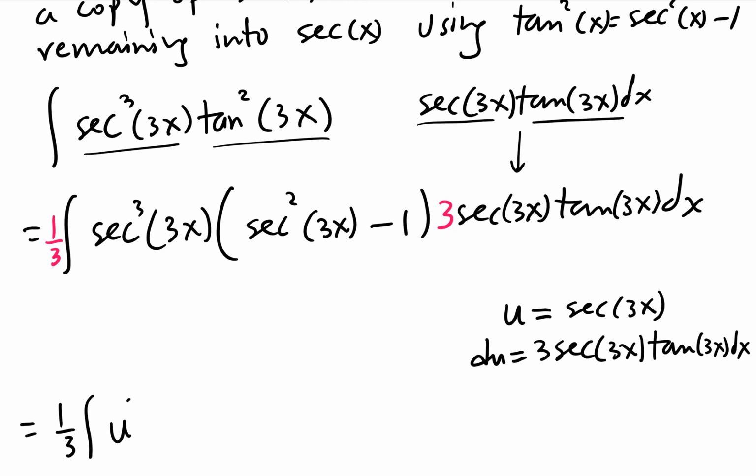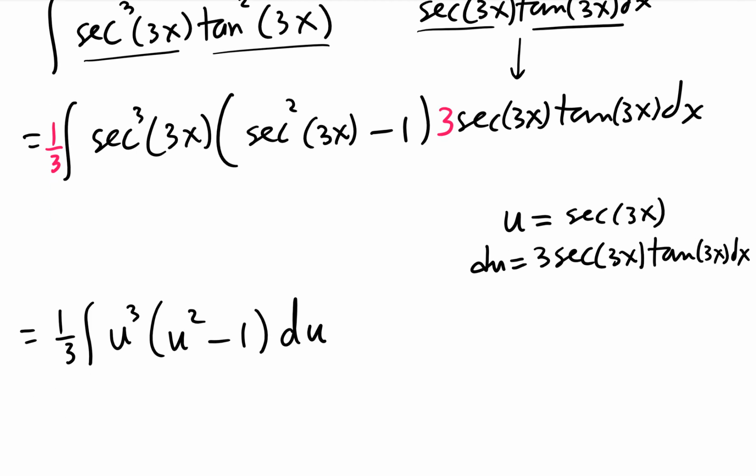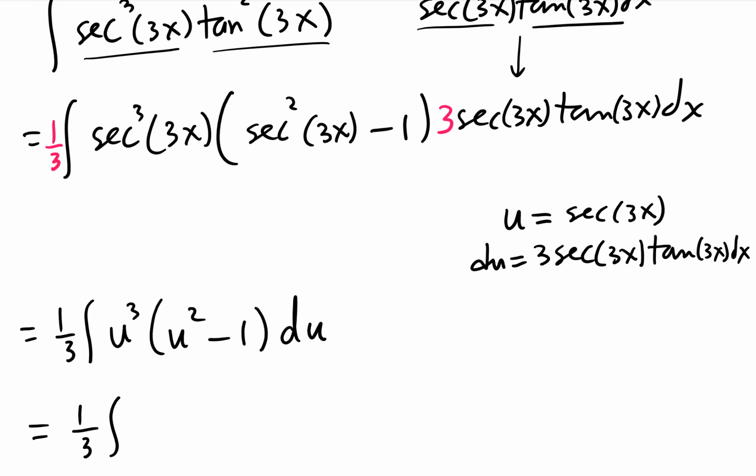Secant is u, so you get u cubed times u squared minus 1 times du. And then it's not difficult to integrate something like this by multiplying the u cubed first to u to the 5th minus u to the 3rd du.